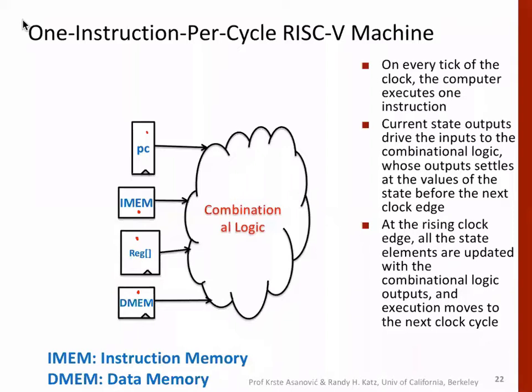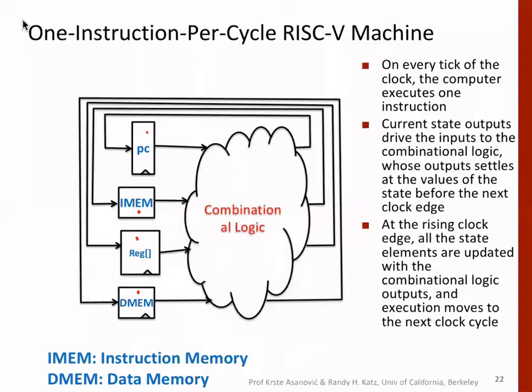Then we connect this to combinational logic, which could be an arithmetic logic unit or adder, a comparator, or maybe something else. And of course we have a loop here, because based on the output from combinational logic, the state changes. So the state input becomes the output of combinational logic.